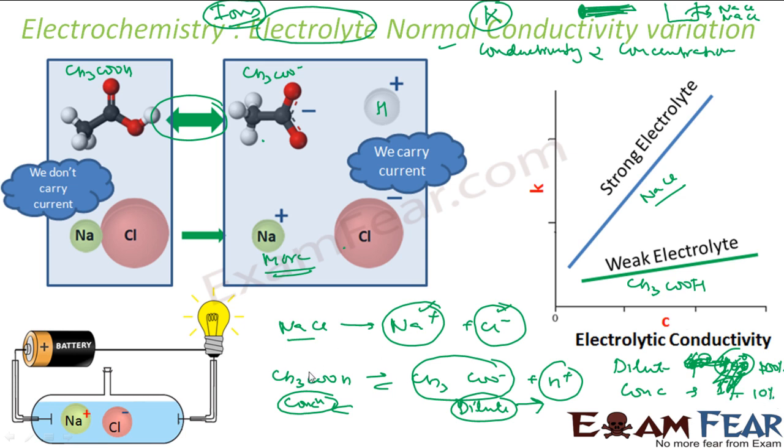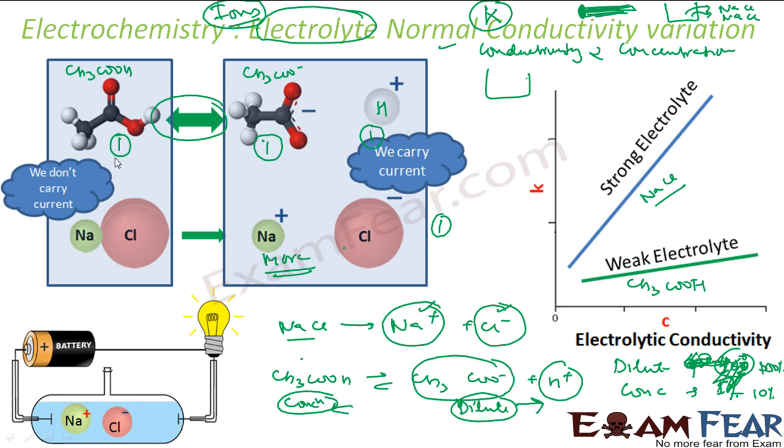So if I make a dilute solution in 1 liter, let's suppose I have a 1 liter jar, and in that I put 1 mole of CH3COOH. If it is 100% dissociated, I get 1 mole of CH3COO minus and 1 mole of H plus, correct?